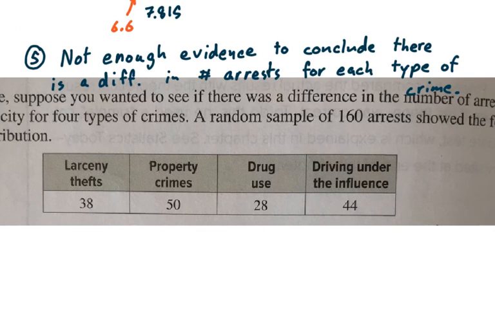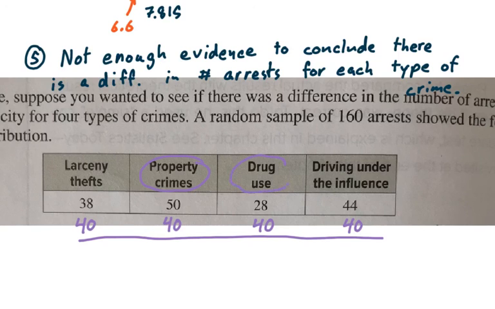So just to go back and re-examine the conclusion here, if there's no difference, we would be expecting 40 in each category. And even though it looks like the property crimes are disproportionately high in this sample, the drug use arrests, I should say, are a little bit lower than what we think they should be.